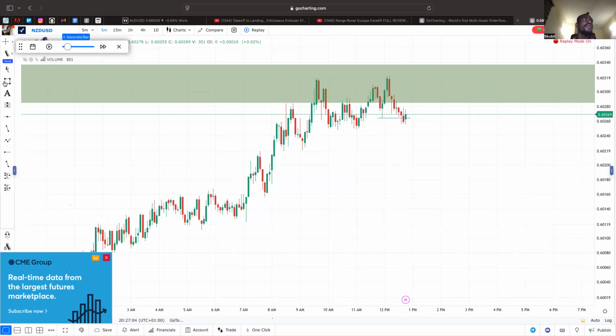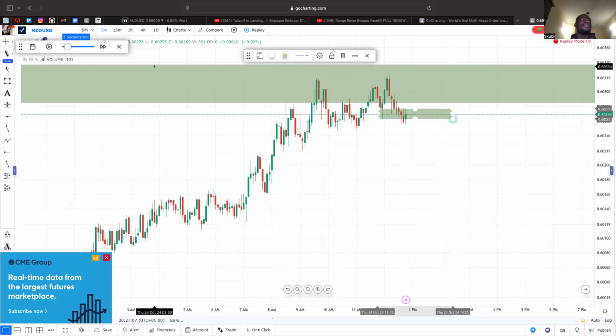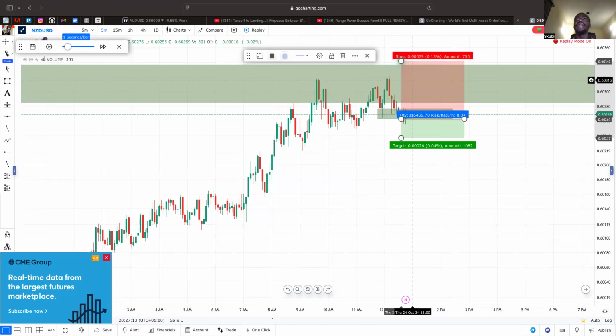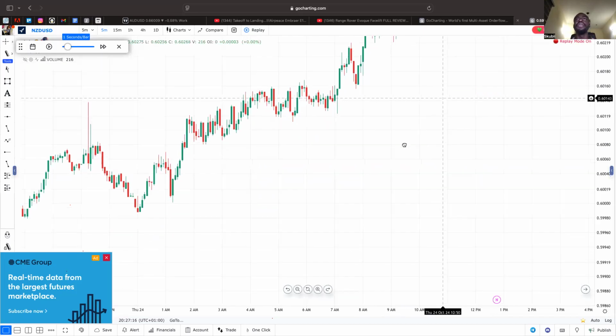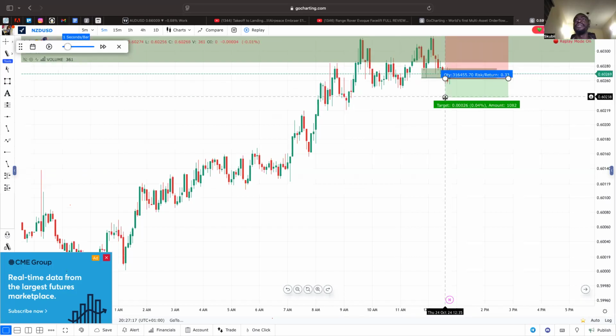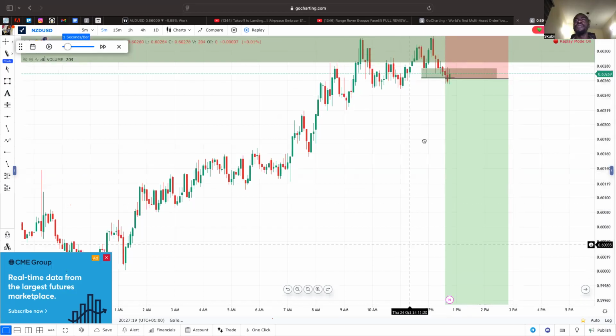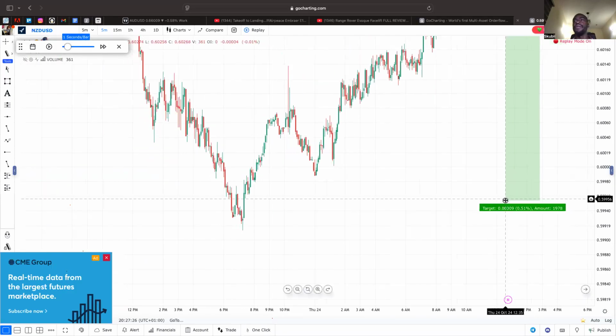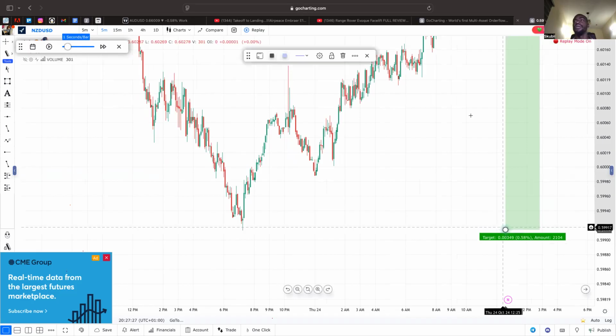So in this case, where we're looking to take our sell was this neckline level here. Entry around here, stop loss a few pips above, and then we targeted the 1 hour low, which was down here. Yes, so this was the target.